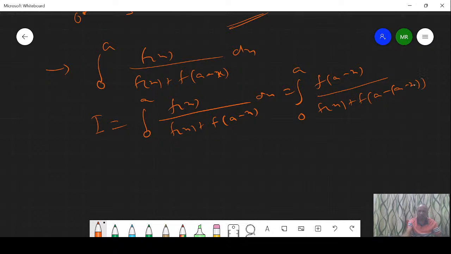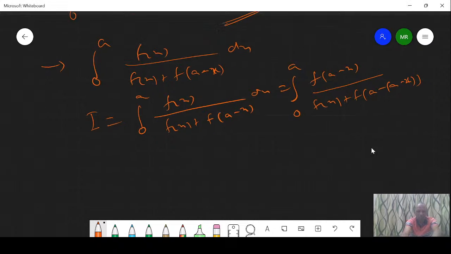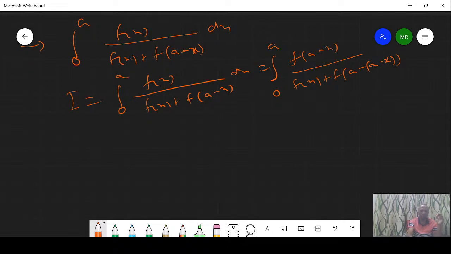You are replacing x with a minus x, using the property. Now this will become, again, integral 0 to a, f of a minus x by f of x plus f of a minus x, dx.